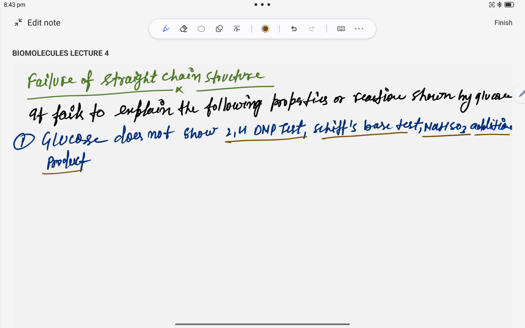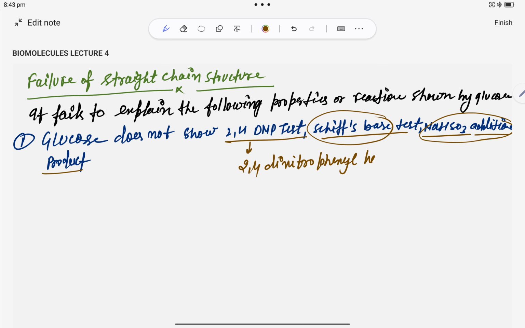The Schiff's base test we already discussed in aldehydes, and NaHSO3 addition also we have discussed. This is new for us, 2,4 DNP. So 2,4 DNP means 2,4 dinitrophenylhydrazine.